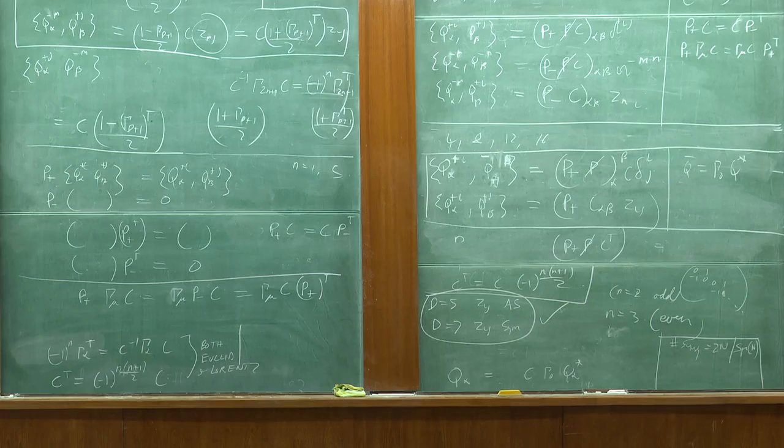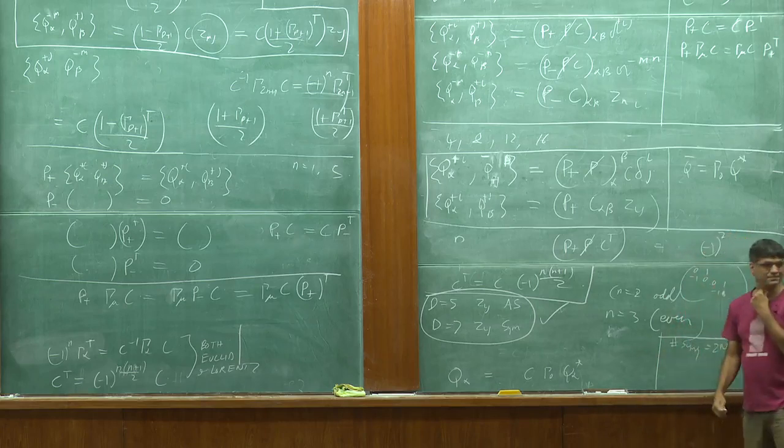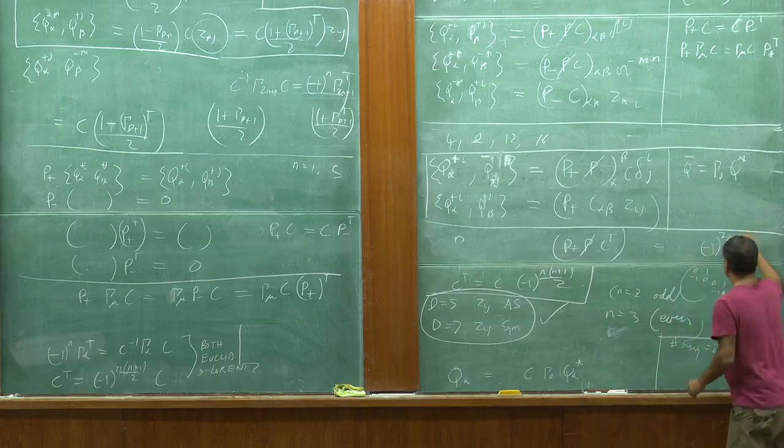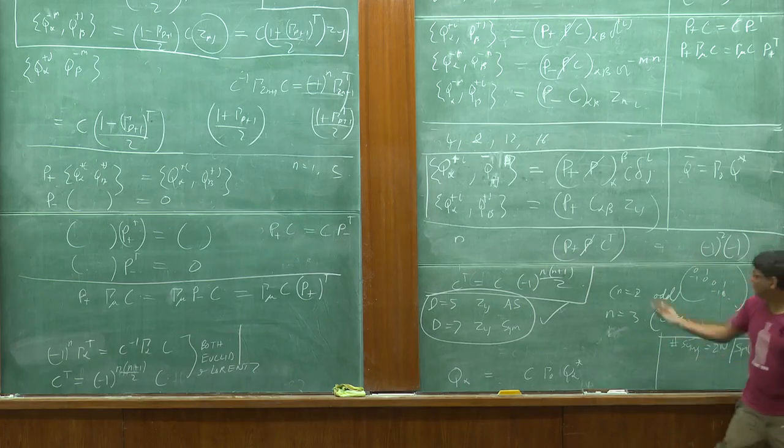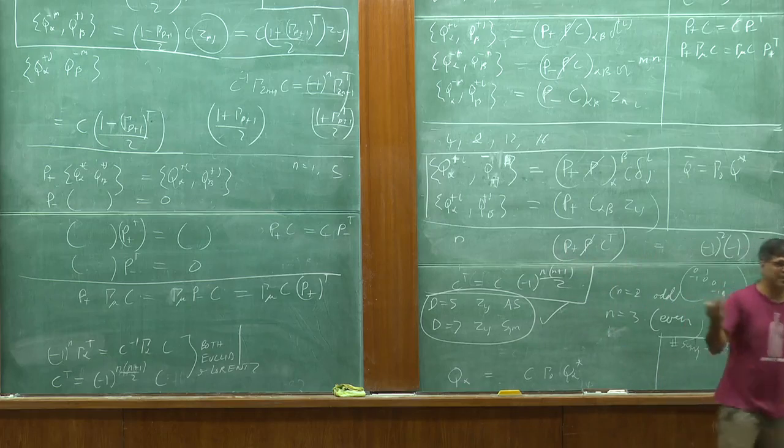Minus 1 to the power n because that's what we got when we took P plus through C, and then an extra minus sign when we take P plus through gamma. So what we get in this case is minus 1 to the power n is 2, and then an extra minus sign. So totally a minus sign, which is correct because we want it to be P minus.